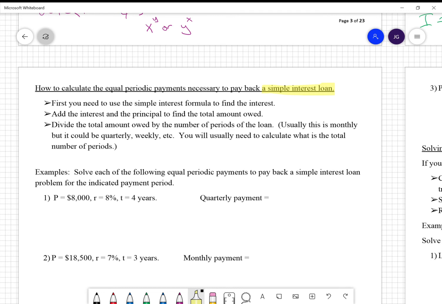First, you need to use the simple interest formula to find the interest. Then you add the interest and the principal to find the total amount owed. Then I'm going to divide the total amount owed by the number of periods of the loan. Okay, usually we need to calculate the total number of periods. All right, so let's see how this works.